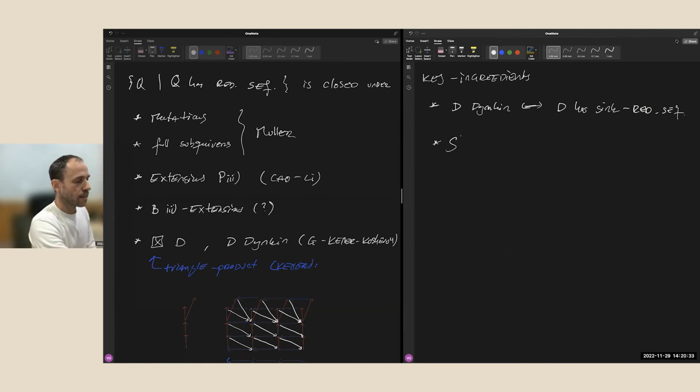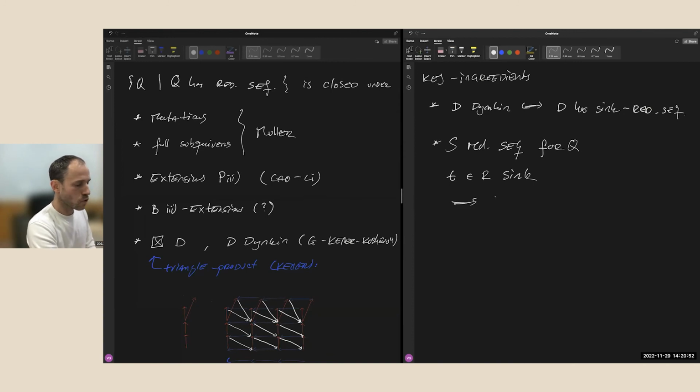And secondly, to prove this result, we consider a quiver Q with a reddening sequence S, and the sink of another quiver R. For this, R doesn't necessarily need to be Dynkin.